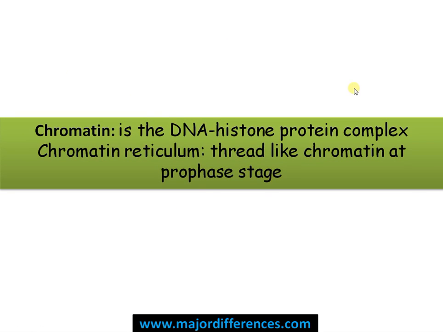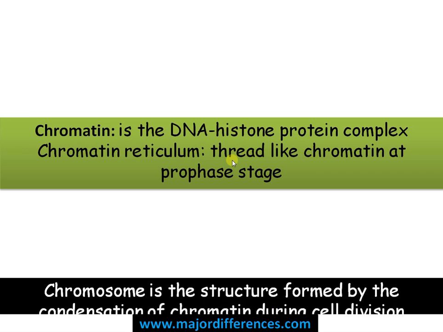So this is a summary. Chromatin is a DNA-histone protein complex. DNA is negatively charged, whereas histones are proteins with a high amount of positively charged amino acids like arginine and lysine. Chromatin reticulum is a term we use for the same thing, often thread-like chromatin seen at the prophase or interphase stage.